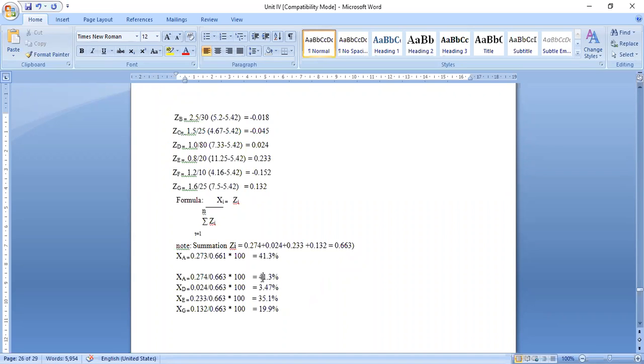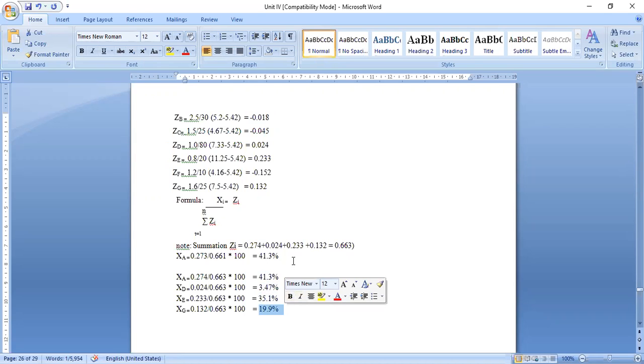Now, when you take the sum of all these values, that is 41.3, 3.47, 35.1, and 19.9%, the summation of all this will give you somewhere around 99.7, which is nothing but 100%. It means you can just make a rough analysis. Out of 100 rupees, you're investing 41 rupees for security A, 3 rupees for security D, 35 rupees for security E, and for security G, roughly around you're making an investment of rupees 20.